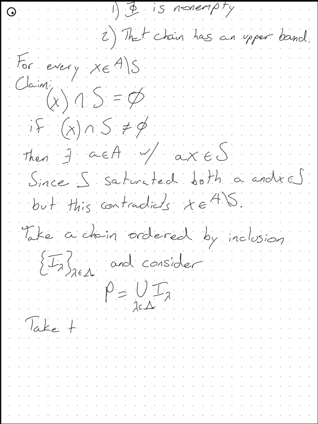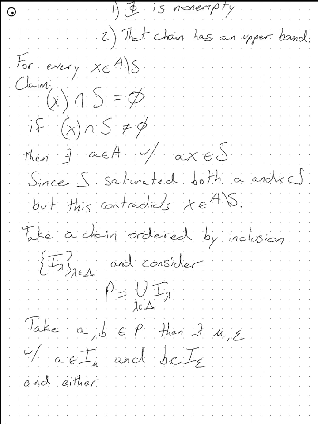So let's take two elements in P, take an A and a B in P, then there exist a mu and an epsilon with A in I mu and B in I epsilon, and either I mu is contained in I epsilon or vice versa.